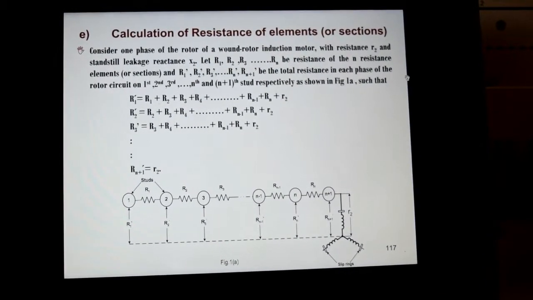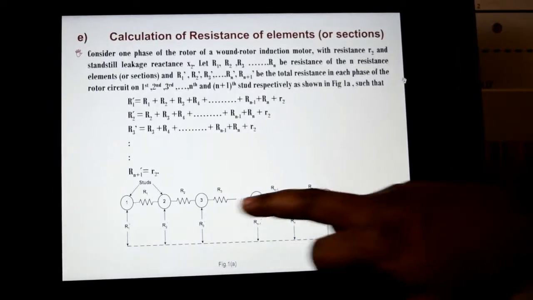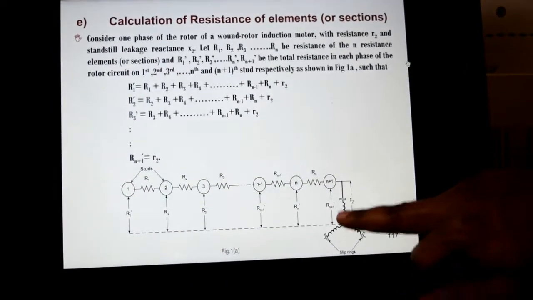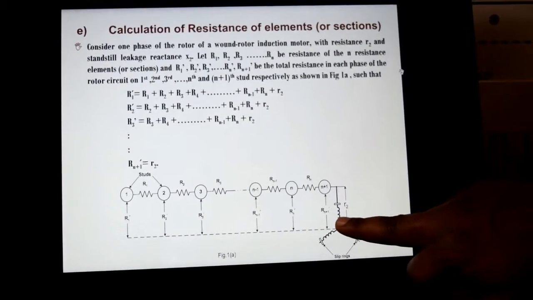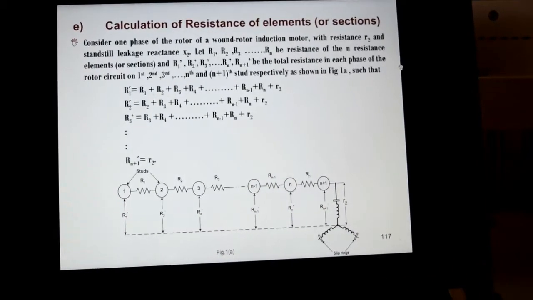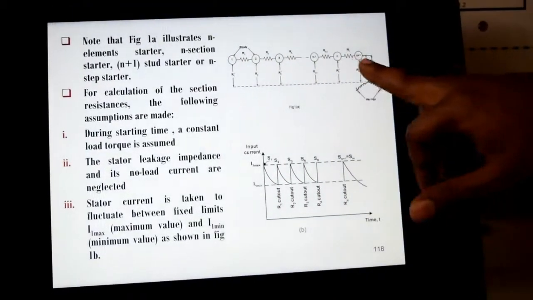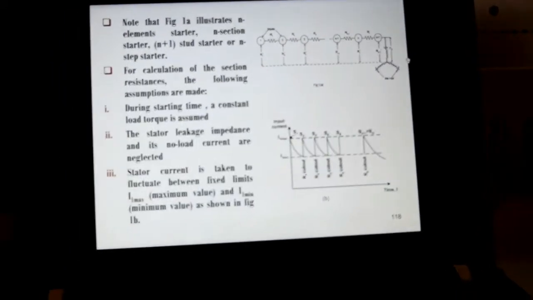Now let us connect the resistance to the rotor terminal of the phase wound induction machine and see how we can vary the speed accordingly.